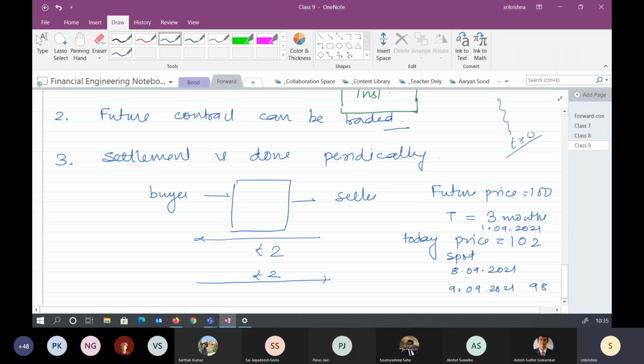Even if t equals 0 today, this future contract could have started well before in the past. We only look from today onwards till the expiry. If the settlement period is every day, this will happen every day, and finally at t equals expiry, with the 100 rupees, it will be settled.